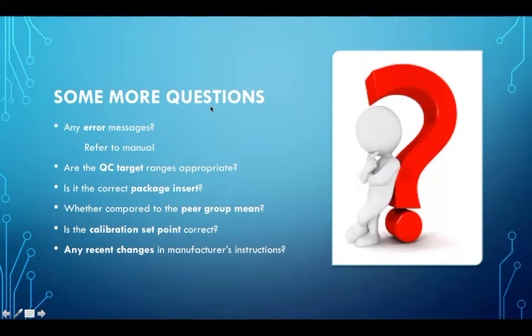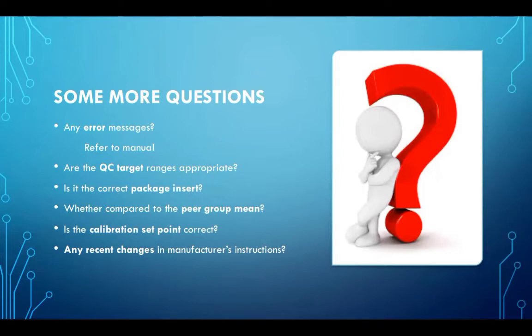Sometimes what happens, you have received a new lot and you're using that new lot. But by mistake, people are using the old reference document, the old comparison chart, and they are getting outliers. So this should not happen.